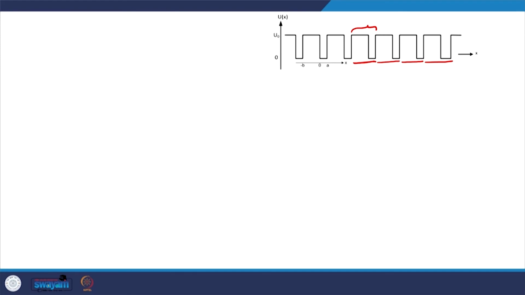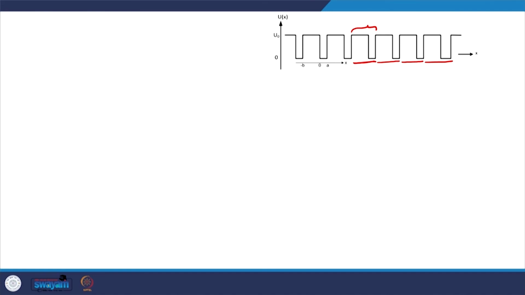So, if we need to solve the Schrodinger equation for this entire solid, essentially we would need to solve the Schrodinger equation for the entire length, because the potential is changing. It is as if there is a sequence of potential wells and potential barriers in the solid, and that in itself is also an extremely difficult task.